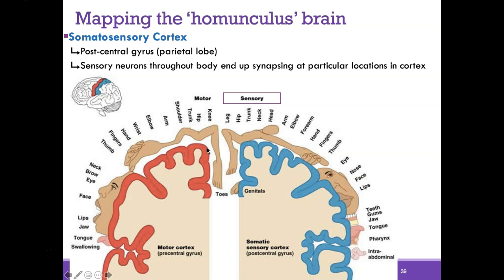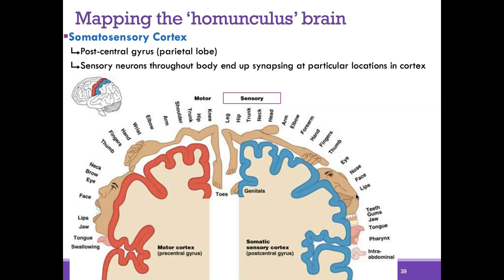I'll say that one more time about what we're doing in the somatosensory cortex. Different parts of the body, from our legs to our arms, our hands, our eyes, have sensory receptors. We have receptors based on pain and position and touch.